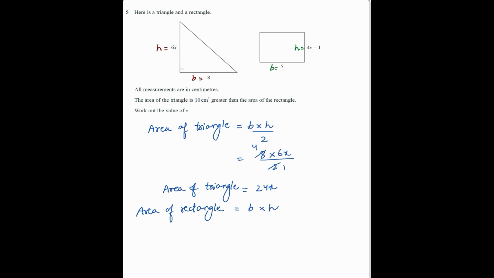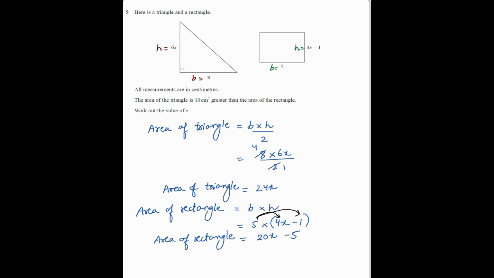So the value of base is 5 and the value of height is 4x minus 1. We can use the bracket there because we have to multiply 5 with 4x and 5 with minus 1. So 5 times 4x is 20x and 5 times minus 1 is minus 5. So that's the area of the rectangle.